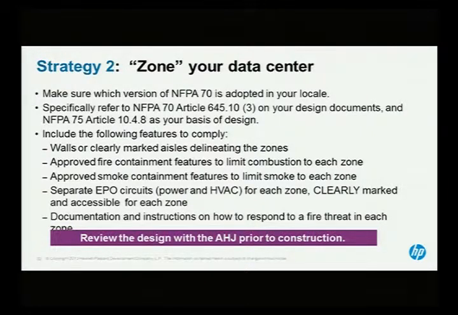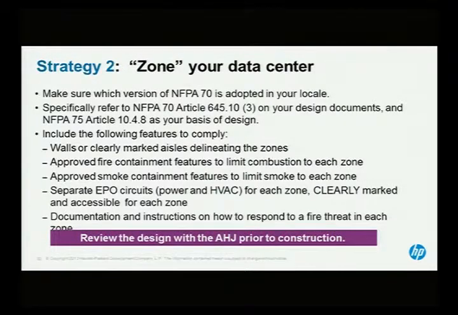You specifically refer to this article, 645.10, paragraph 3 in your design documents, and NFPA article 75, 10.4.8 is your basis for design. And then you begin to factor in those requirements to set up the zones.